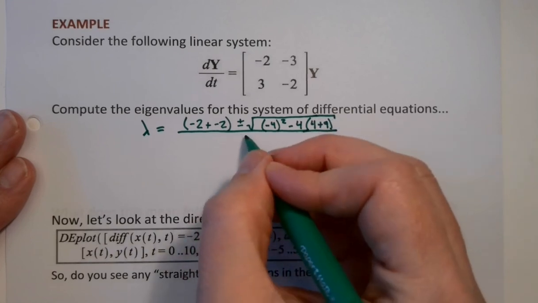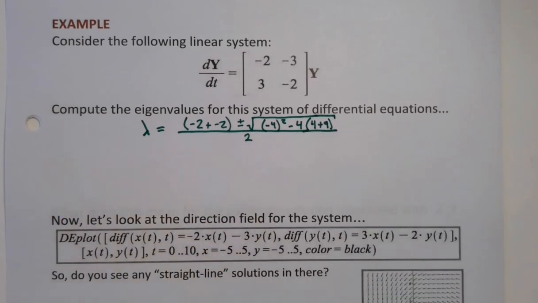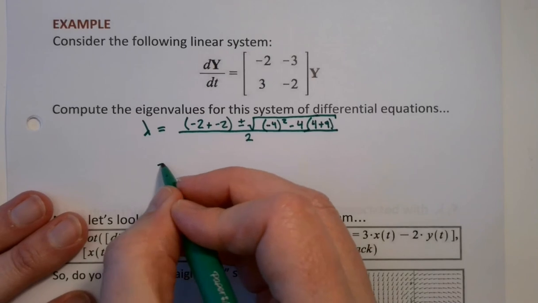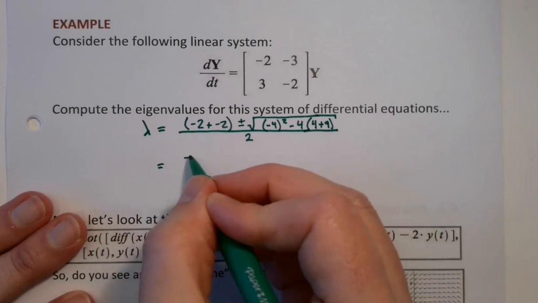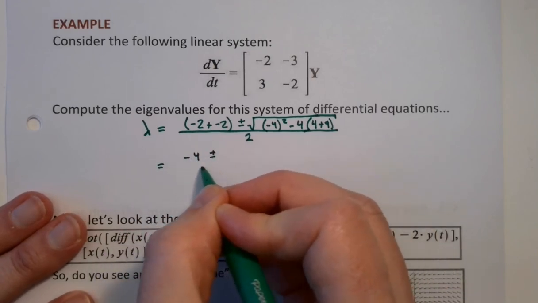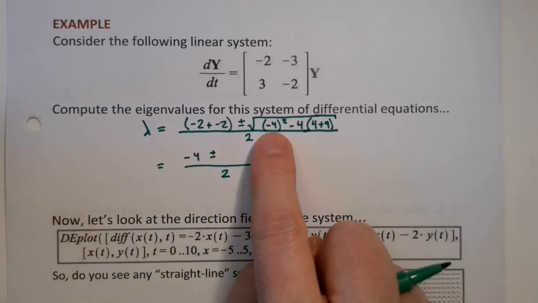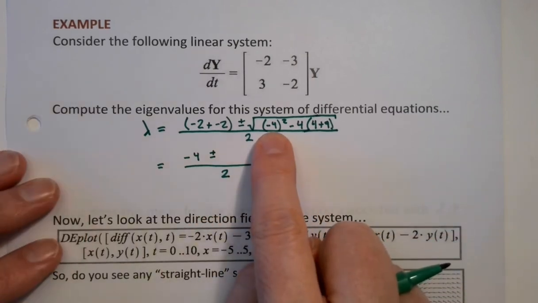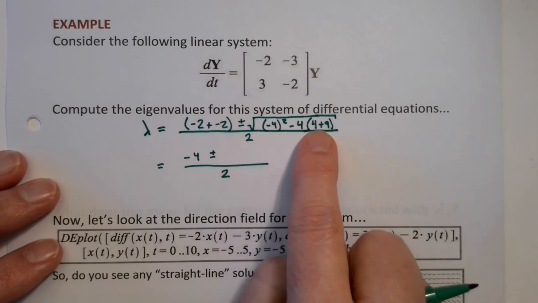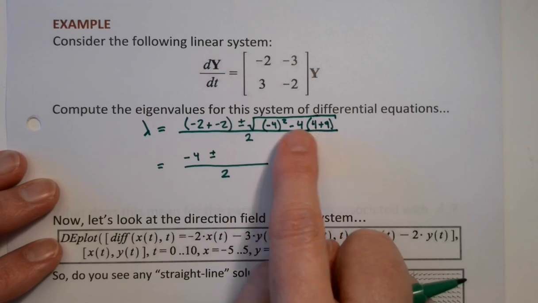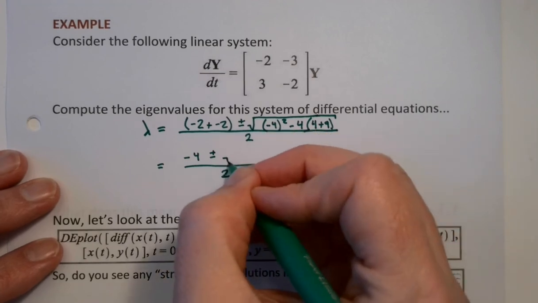And then in the bottom, it's just 2. It's always just 2. And with a little bit of arithmetic, we can find out that this is -4 plus or minus, in the bottom, 2. And so up here, we've got -4 squared becomes 16, and 16 minus 4 times 13, that gives us a total of -36.